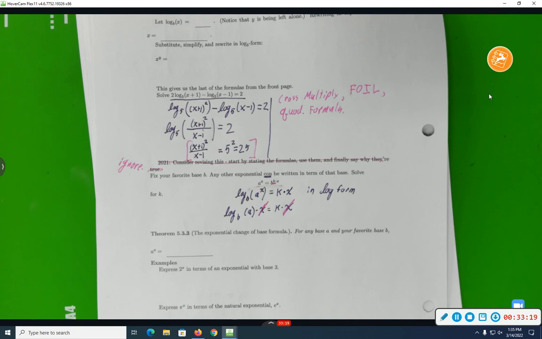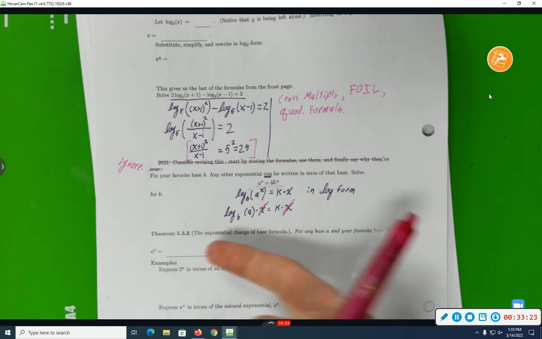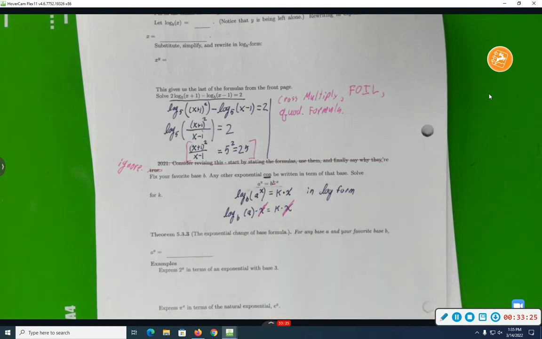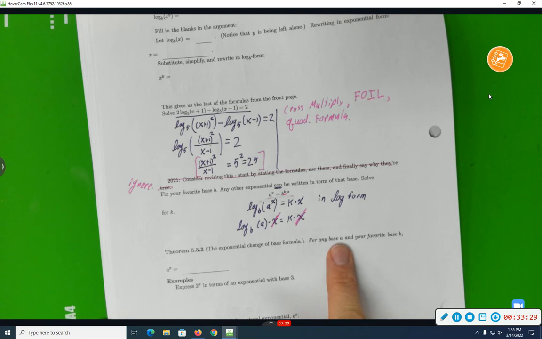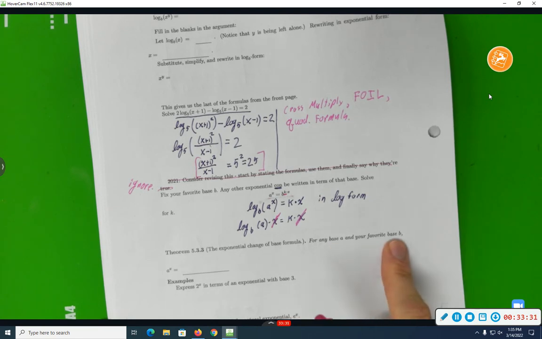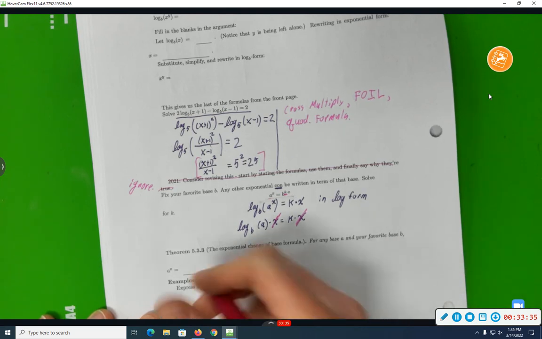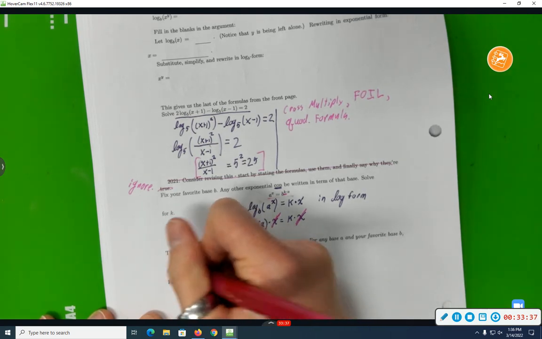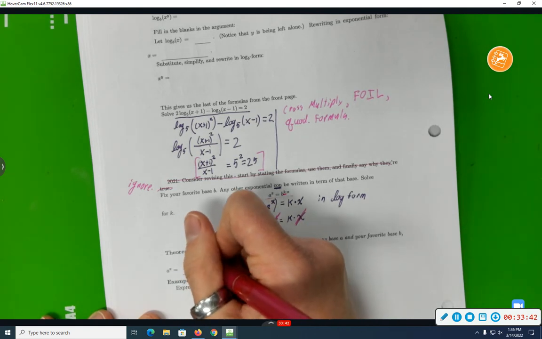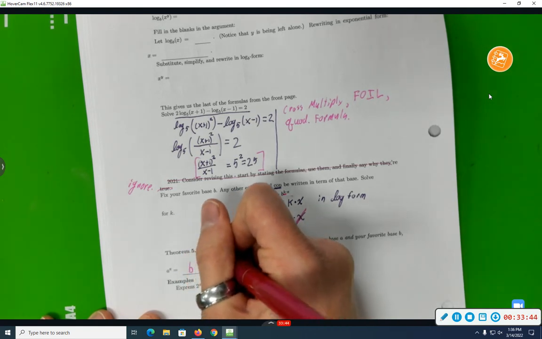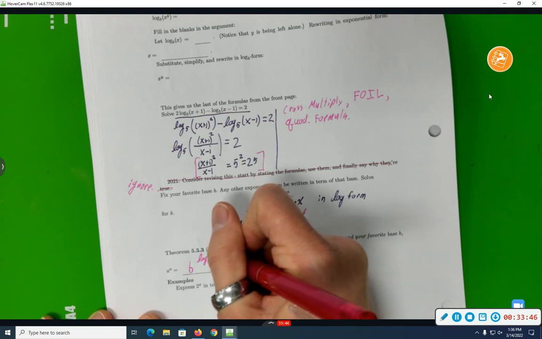There's the change of base formula for exponentials. Or rather, there's why it's true. Here's what it says. The change of base formula for exponentials says that for any base a and your favorite base b, a to the x can be written in terms of b to the x, as b to that constant, log base b of a, times x.